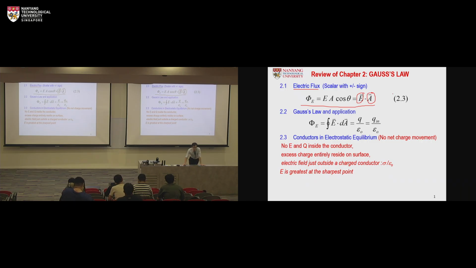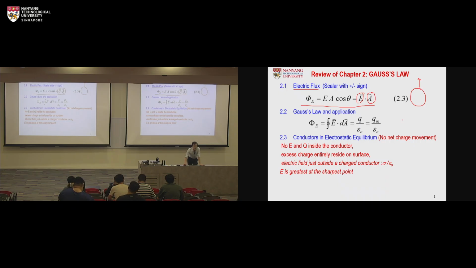For us, we always follow this convention of defining the vector A to be along the surface normal and pointing away from the surface. So this is how we define the vector A for a closed surface when we are using the Gauss's law. If you can do this, then in principle, you can find the electrical flux for any surface.